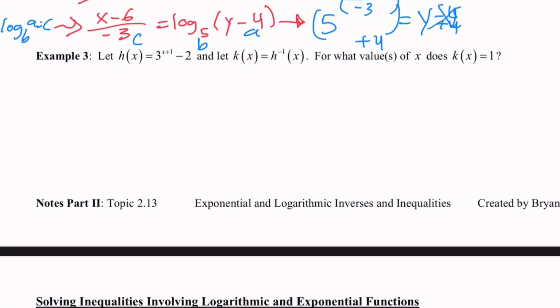So basically, we can find the inverse of h of x by switching x and y and then solving for x, because we know that h of x is equal to 1. We would have to solve for x.